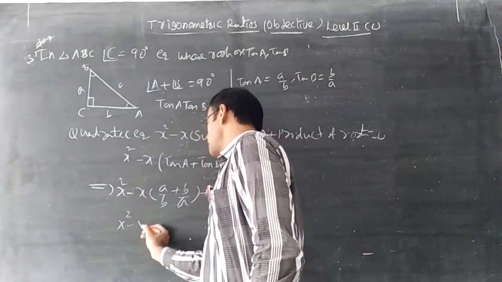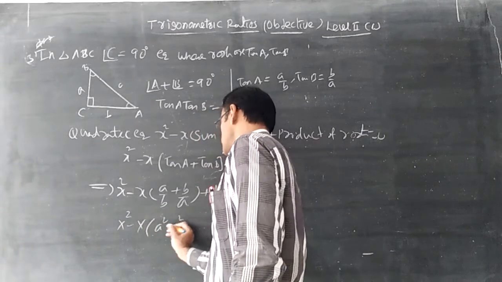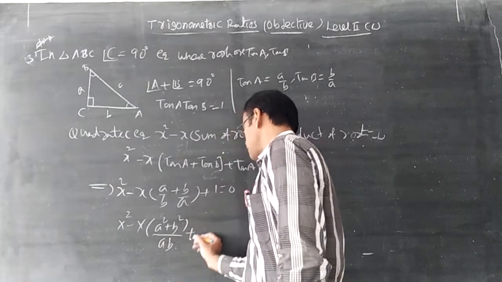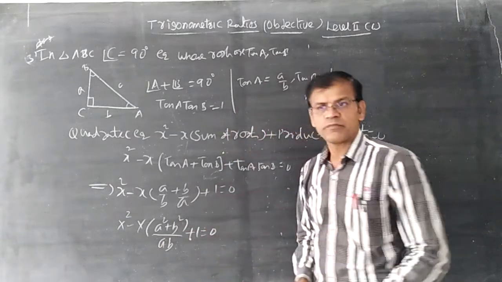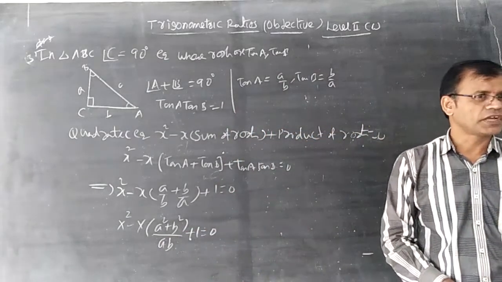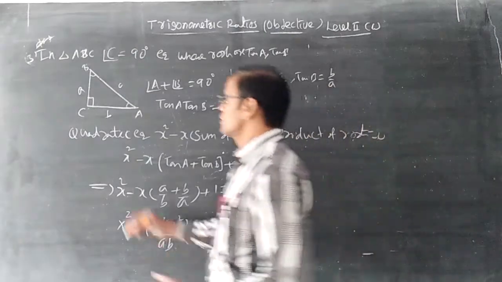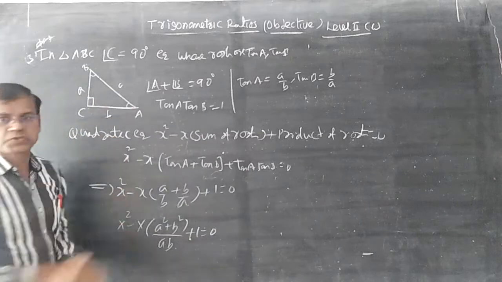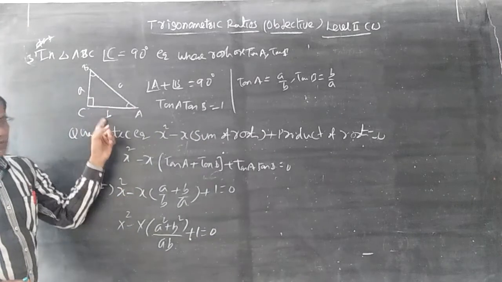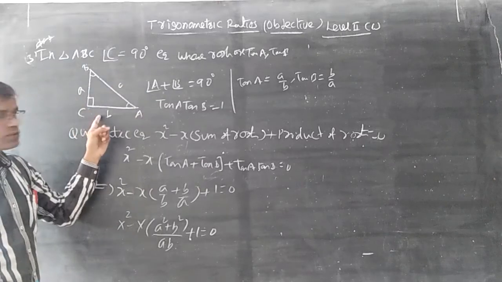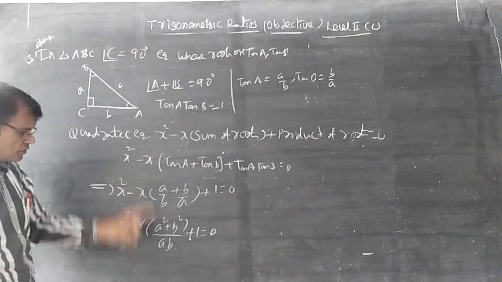Now x square minus x into, taking the LCM, a square plus b square by ab, plus 1 equal to 0. According to the Pythagoras theorem, a square plus b square equals c square.